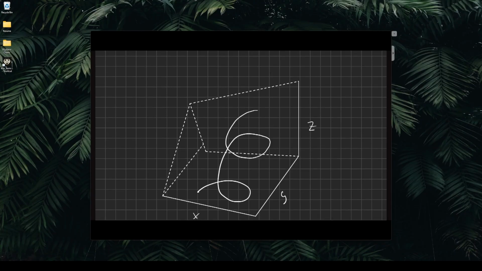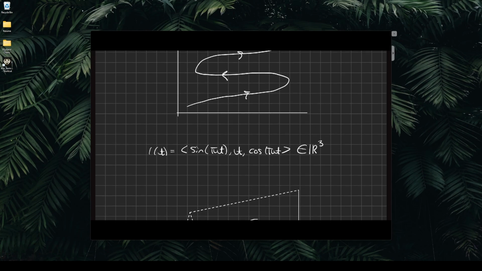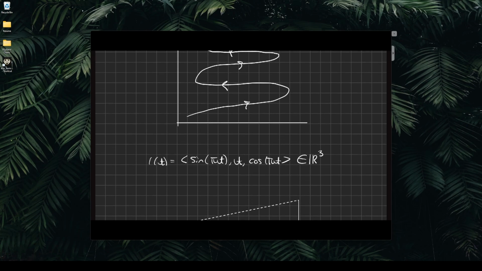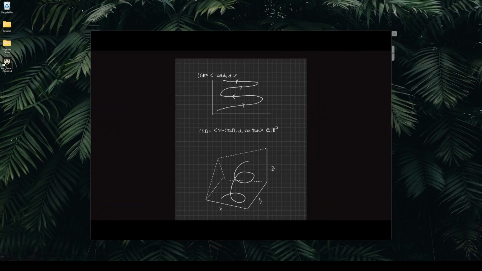And so it's growing linearly via that y equals t. It makes this helix, and it's bounded by sine and cosine of pi t. So the other examples that are similar to this just do the same process, but I recommend using things like Desmos as a really good online tool. Okay.